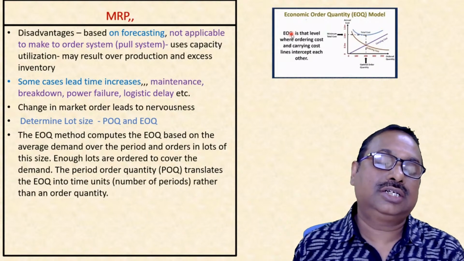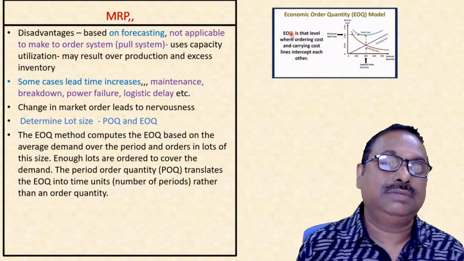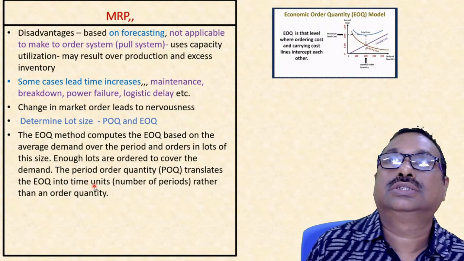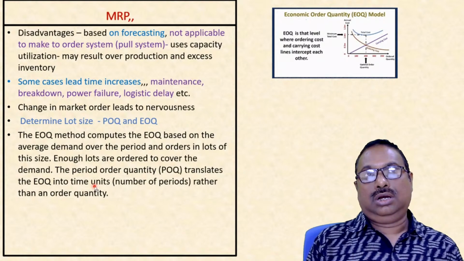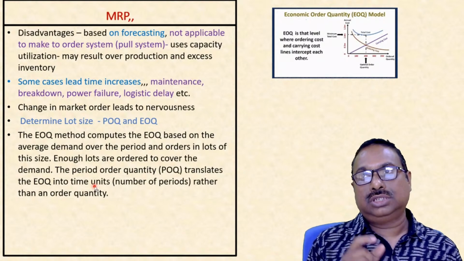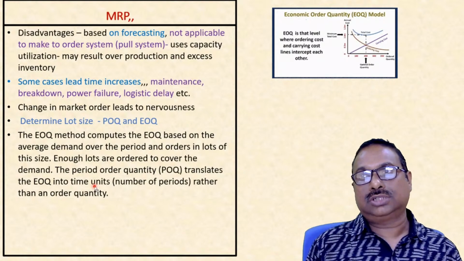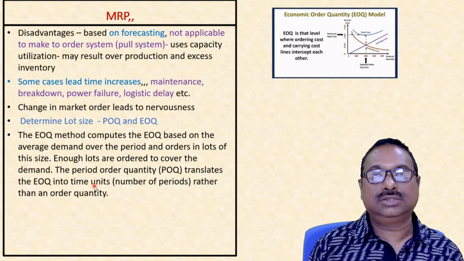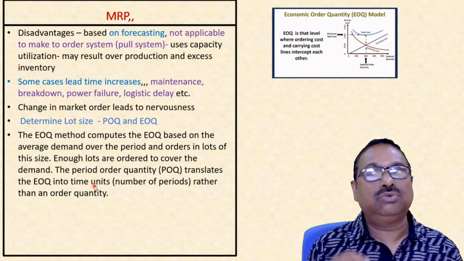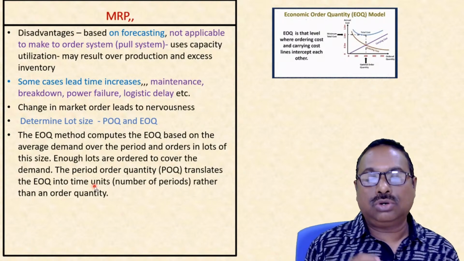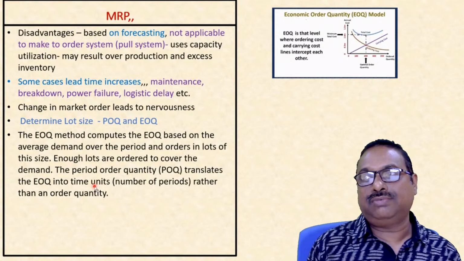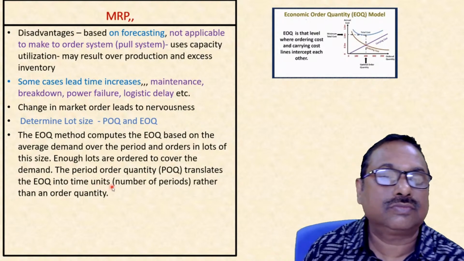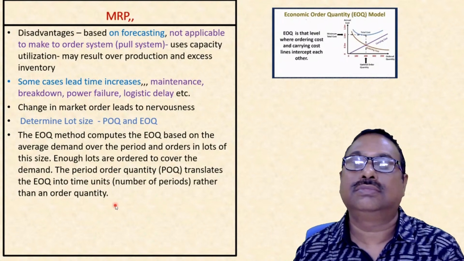And the periodic order quantity translates the economic order into time units. Suppose in your house, the yearly consumption of sugar is say 60 kg, you have a large family, and EOQ is 5 kg. So 60 divided by 5 is the periodic, the time required.